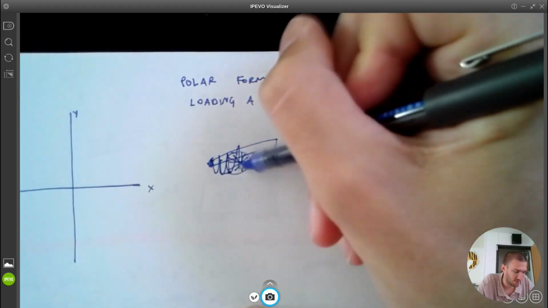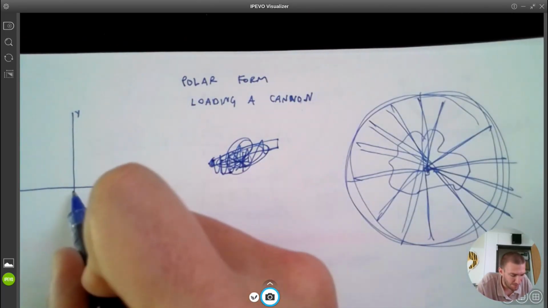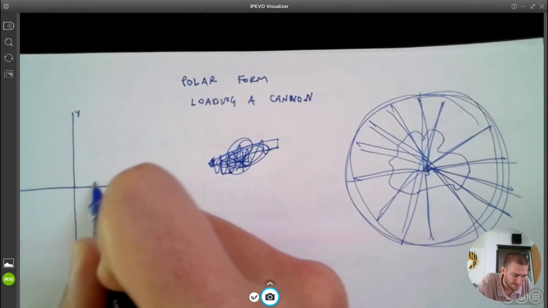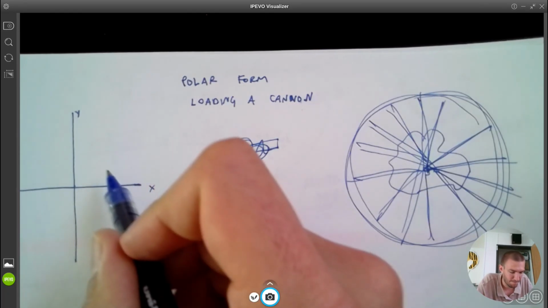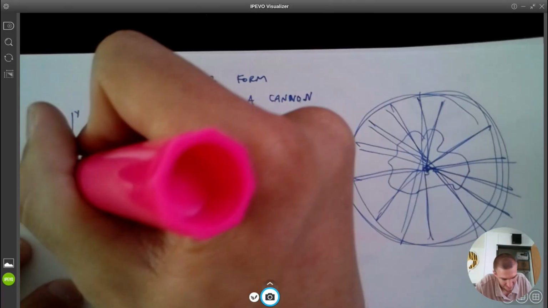I don't know, it's getting worse. Drawing a cannon is kind of risky when you're a teacher. So I'm thinking about it like this. In polar form, instead of walking to the side and then walking up, polar form is about degrees.